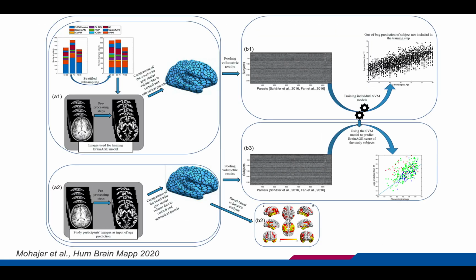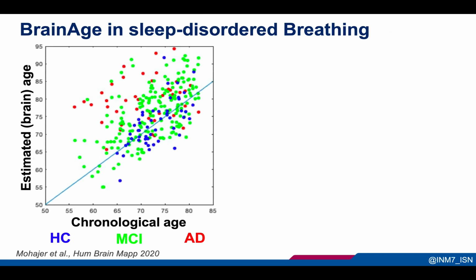Last but not least, we applied that model to predict brain age in our actual cohort of interest, consisting of healthy controls, MCI, and Alzheimer's patients, both with and without sleep disordered breathing.